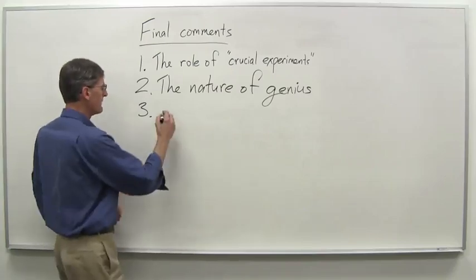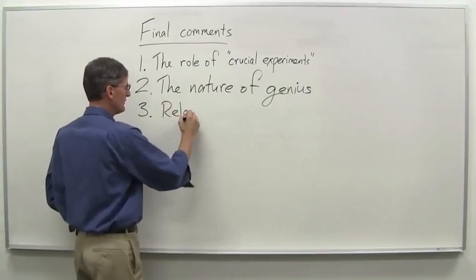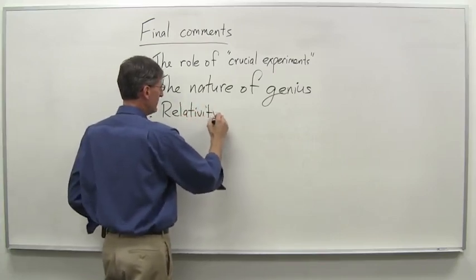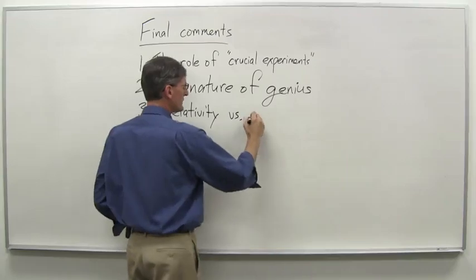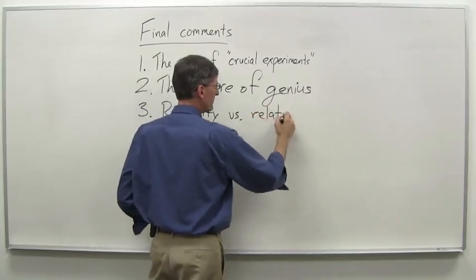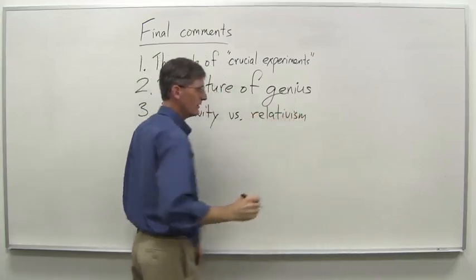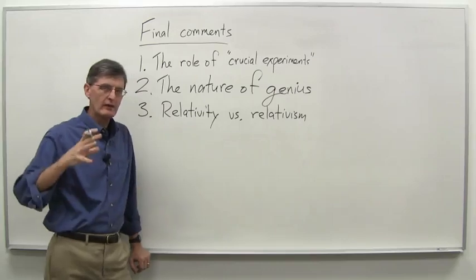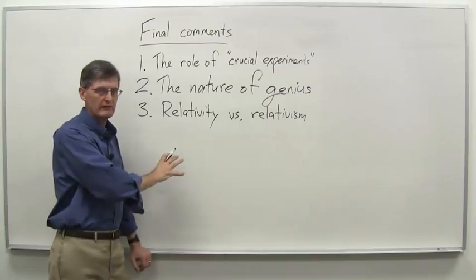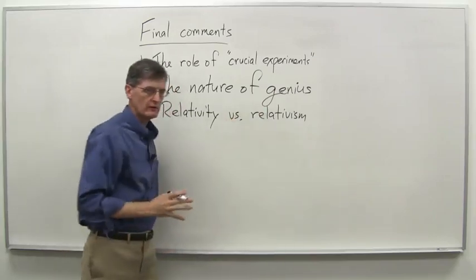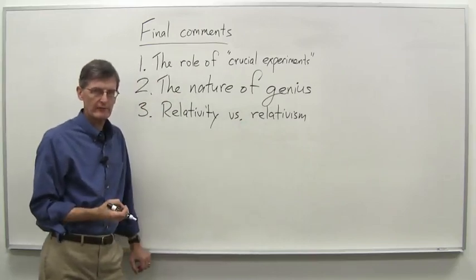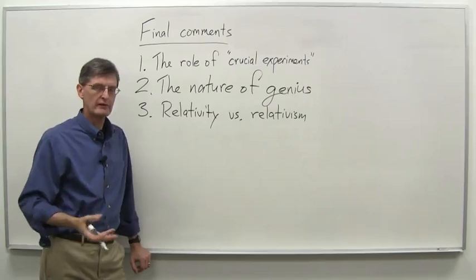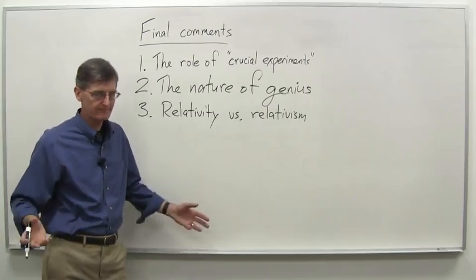Okay, number 3, relativity versus relativism. A common misconception among many people, they equate the theory of relativity with the philosophical concept of relativism. Sometimes you hear, the theory of relativity, Einstein proved that everything is relative.